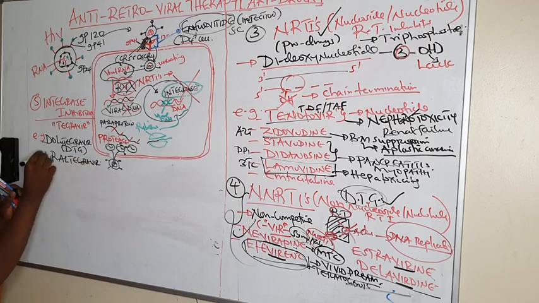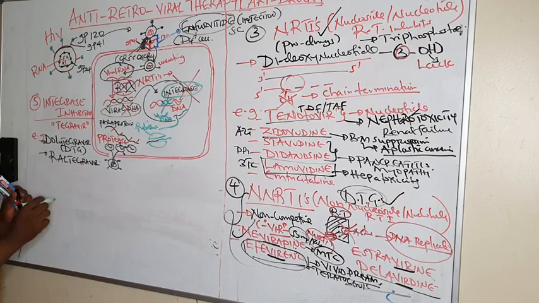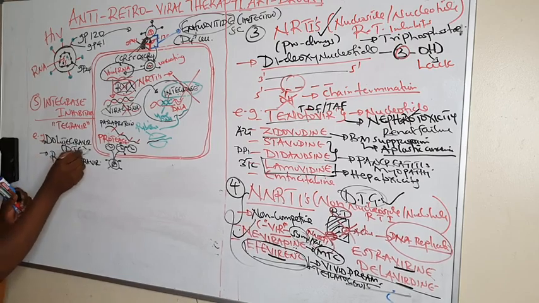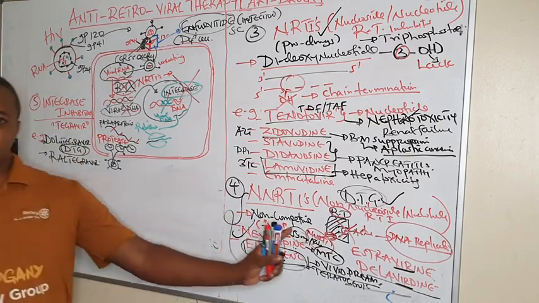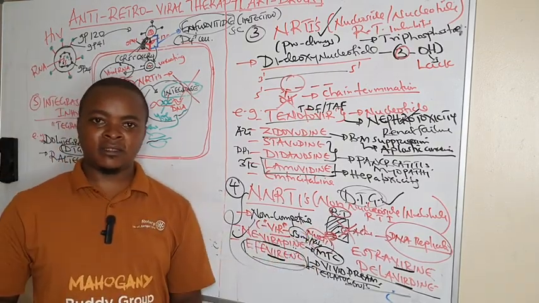So these are the ones which are currently commonly being used. But the most commonly used is DTG, which has replaced the NRTIs.